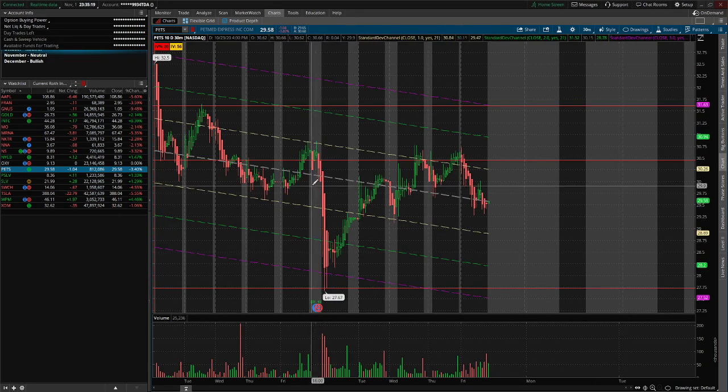So 30 minutes, an hour into market open, it happened. So I'm happy with that. And the next day up here, I sold it at the end of the day, and I made 140 bucks on it. So that's a great trade.